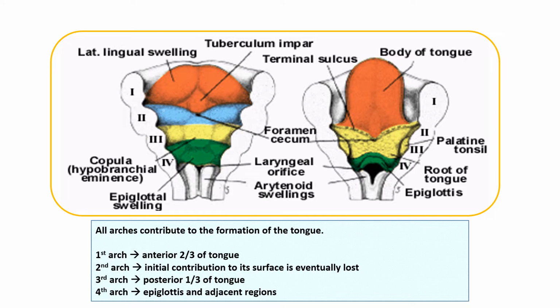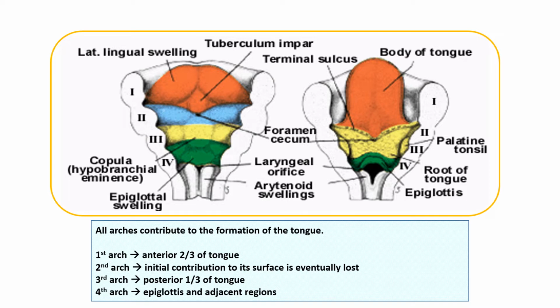They start growing very rapidly, and eventually they merge together to form one big main tongue structure by the end of the 5th week of development.